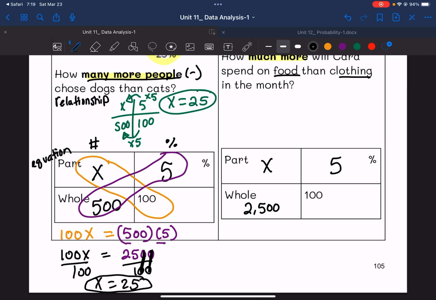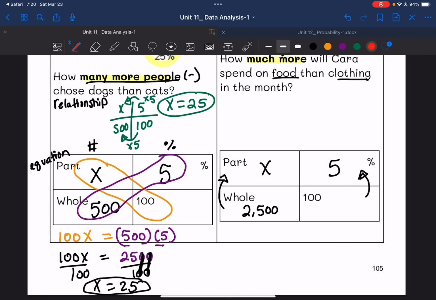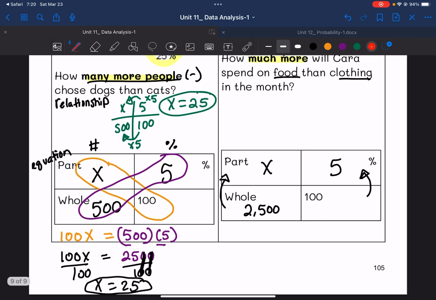I see that I can do a relationship, okay? Come in from this way, okay? I know that if I go this way, I can do 100 divided by 20. Okay, and I know that 10 divided by 2 is 5, so that's why that works.